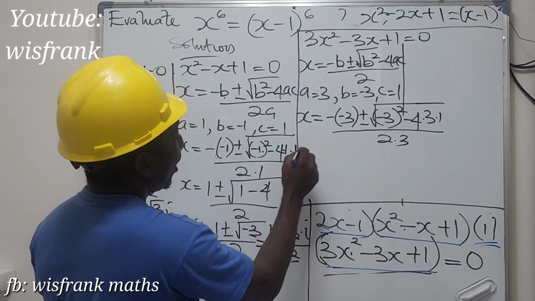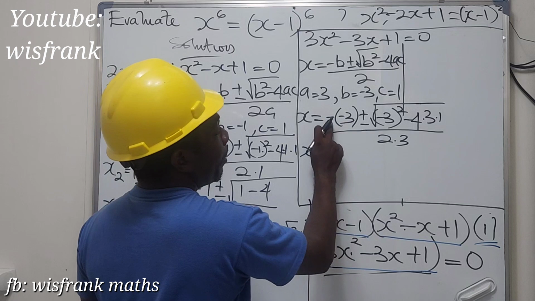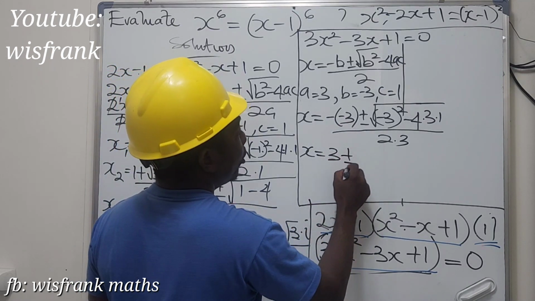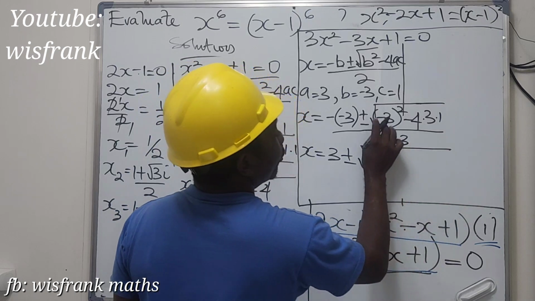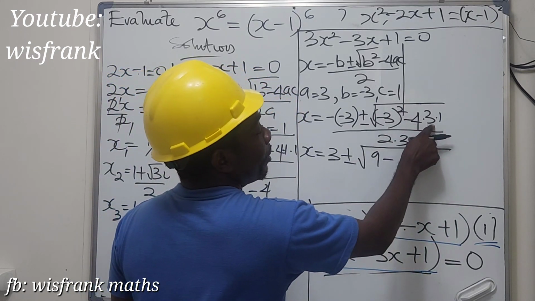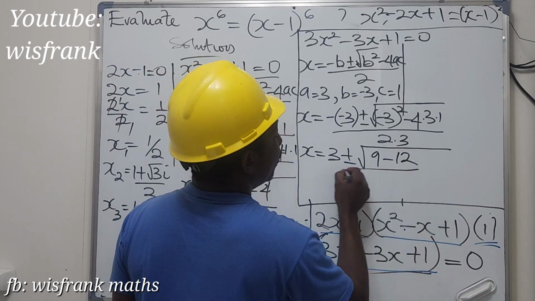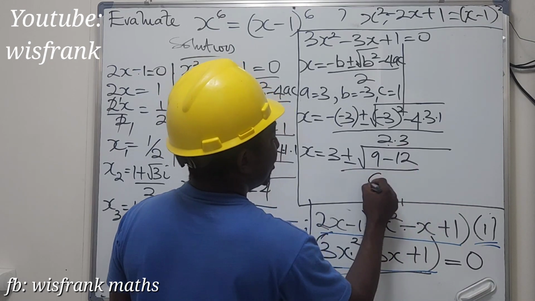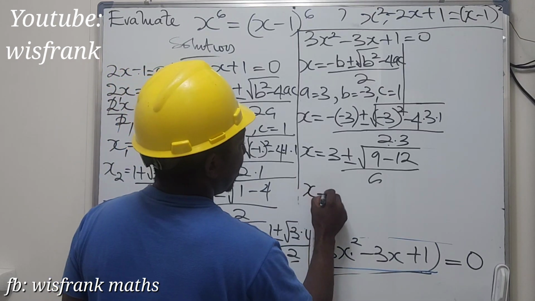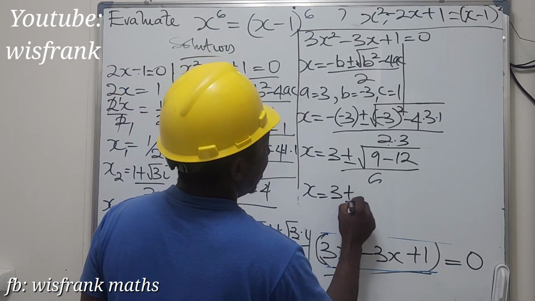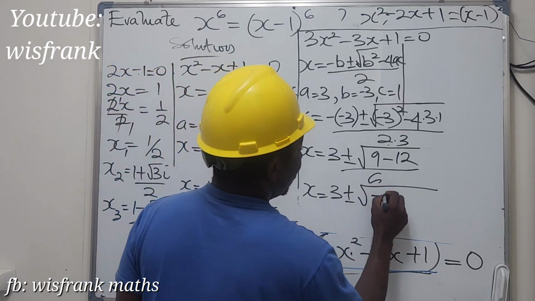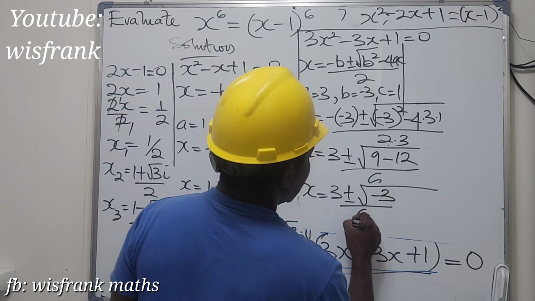So now our x equals minus times minus 3 is 3, then plus or minus square root of minus 3 squared is 9, then 4 times 3 is 12, all over 2 times 3, which is 6. So here x equals 3 plus or minus square root of 9 minus 12 is minus 3 all over 6.